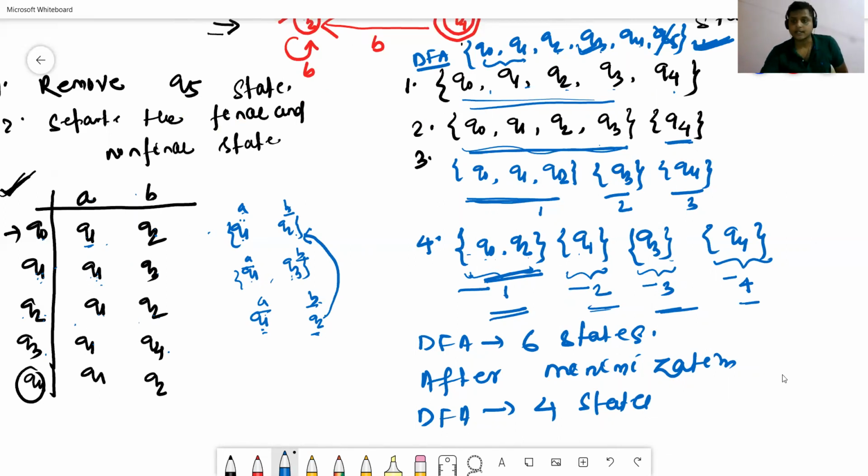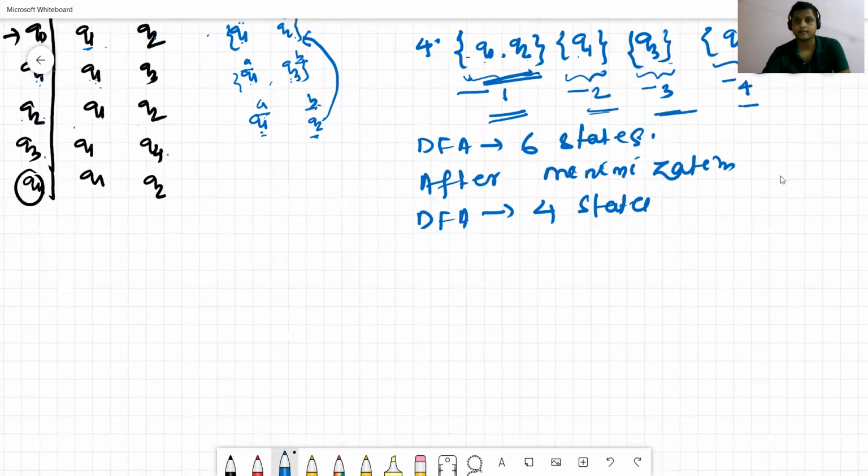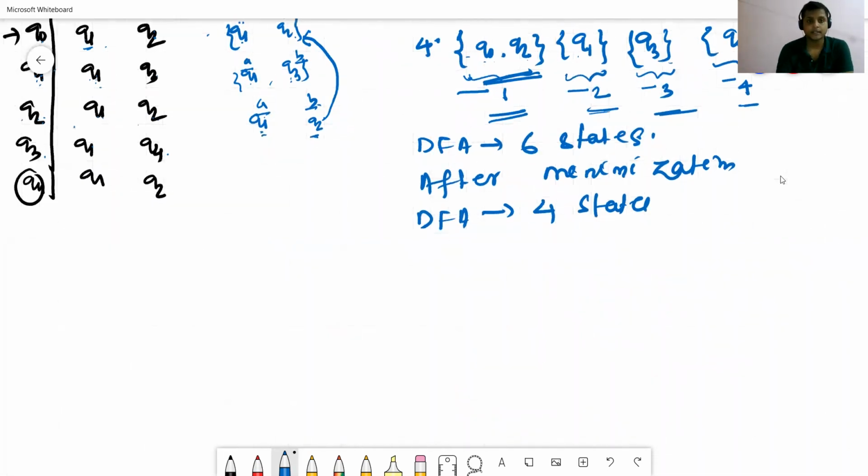Now we'll construct this DFA here. Q0 and Q2 together are called one state. Since Q0 is the initial state in the existing DFA, it is called the initial state. Then Q1, then Q3, then here Q4.